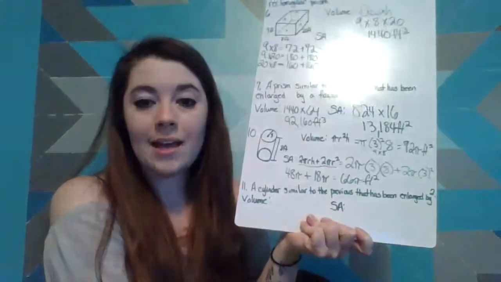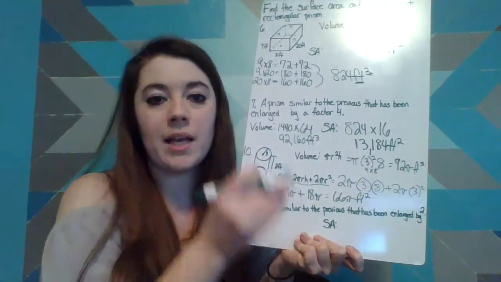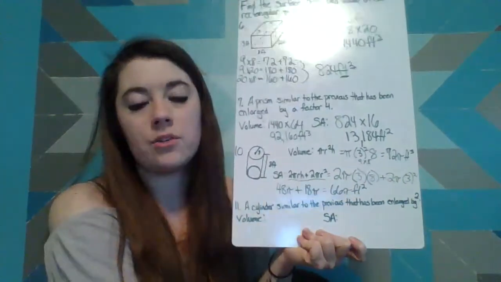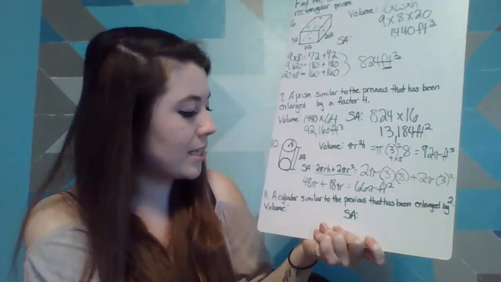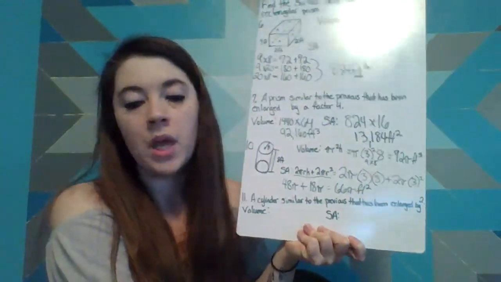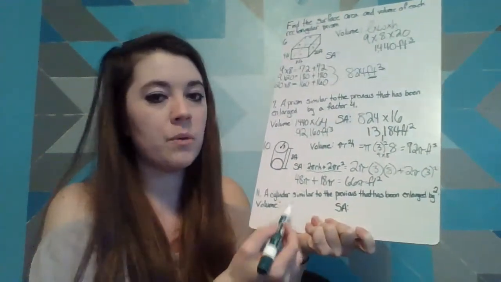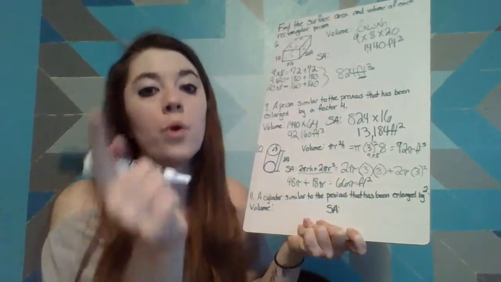All right, once again, you're going to be given the picture and then a description relating back to the picture for each of these. So on this one, it says a cylinder similar to the previous that has been enlarged by 2. So for this, we're going to take our 2. If we're doing volume, what are we going to do to the 2? We're going to cube it.